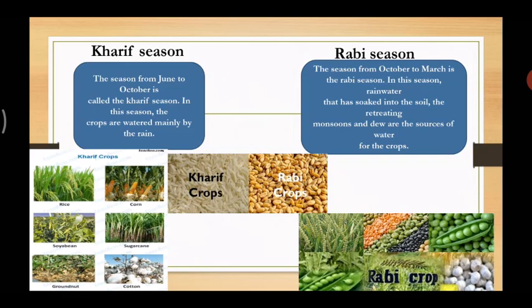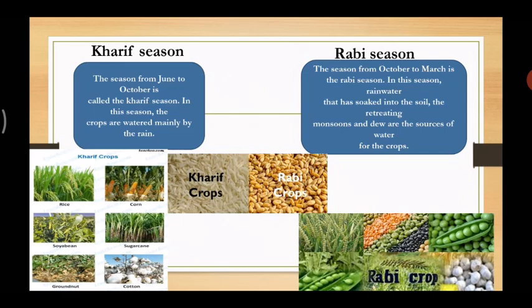In this, the crops are watered mainly by the rain. You don't have to water. For example, which crops come under the Kharif season? They are rice, cotton, maize, groundnut, etc.